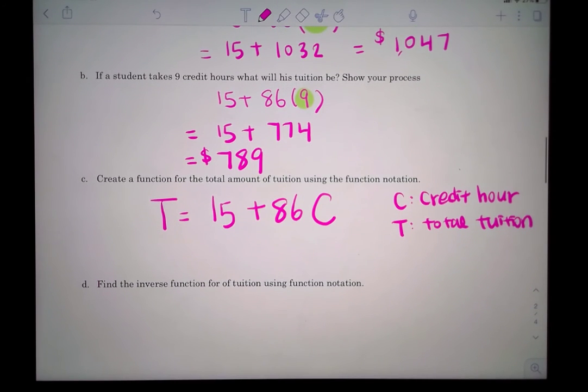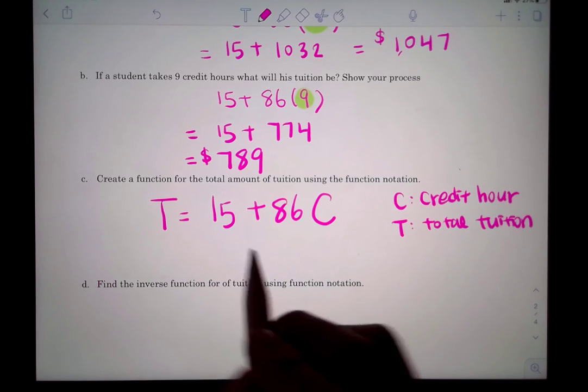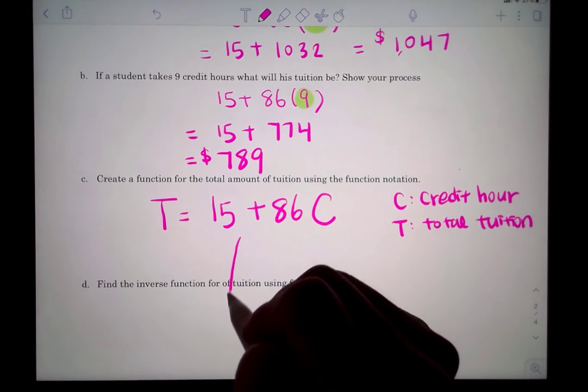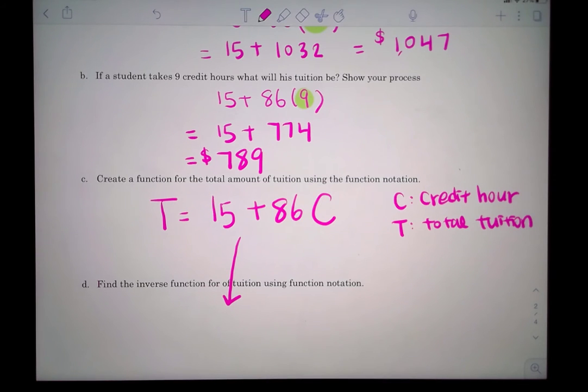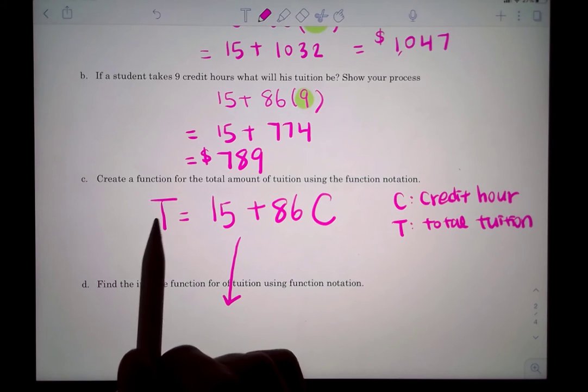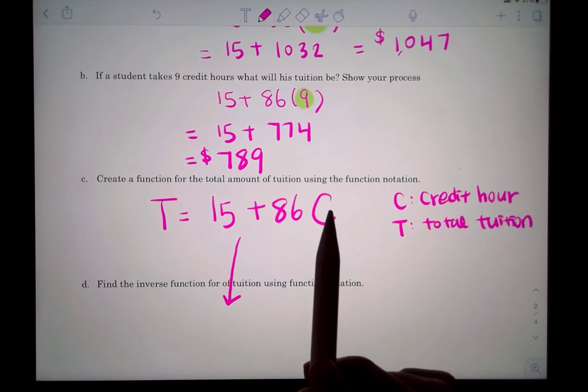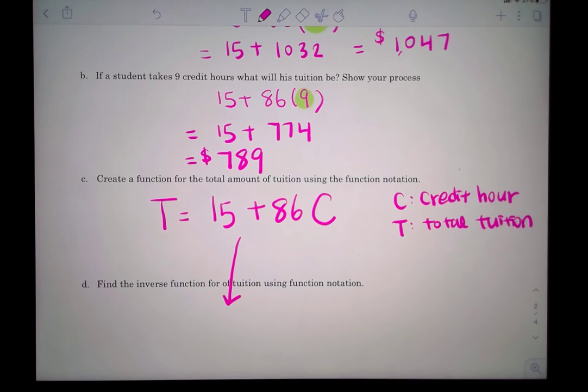And D, find the inverse of that. So we want to find the inverse of this one. When you are getting the inverse from a word problem, the letters represent your input and output, correct? So don't switch it.